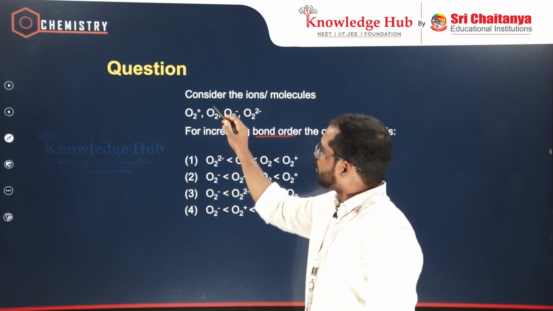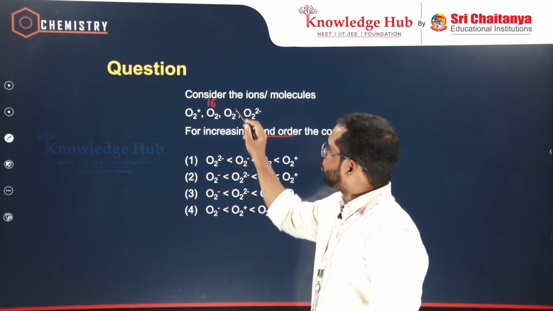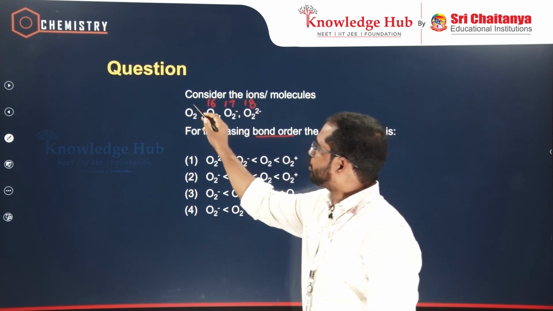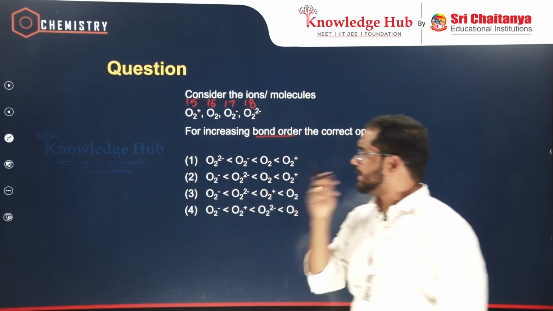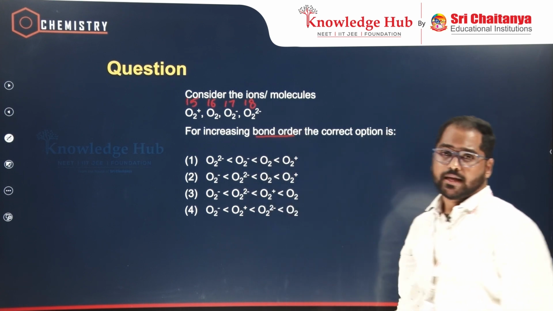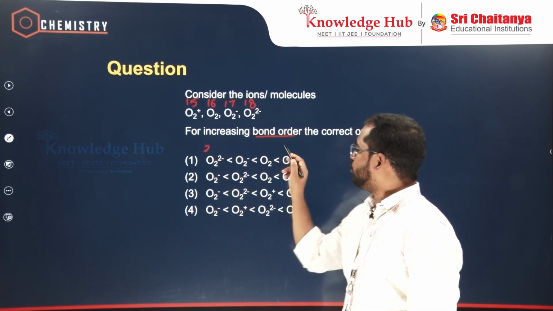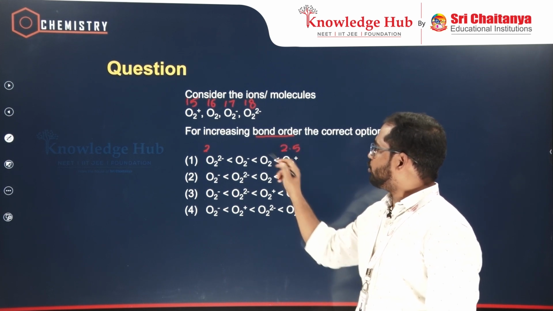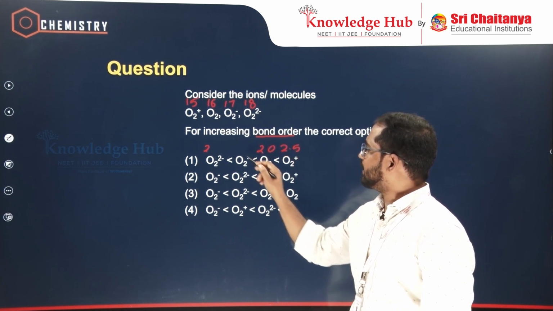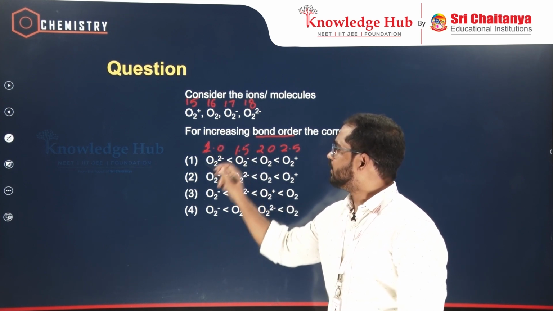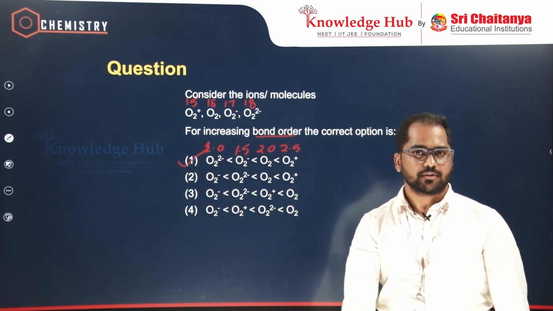We already know oxygen has 16, O2 minus is 17, O2 2 minus is 18. What about O2 plus? 15. In this increasing order we can directly take. If the number of electrons is 15, the bond order is going to be 2.5. Then O2 has 2, O2 minus has 1.5, and finally O2 2 minus has 1. So the answer is going to be the first option.